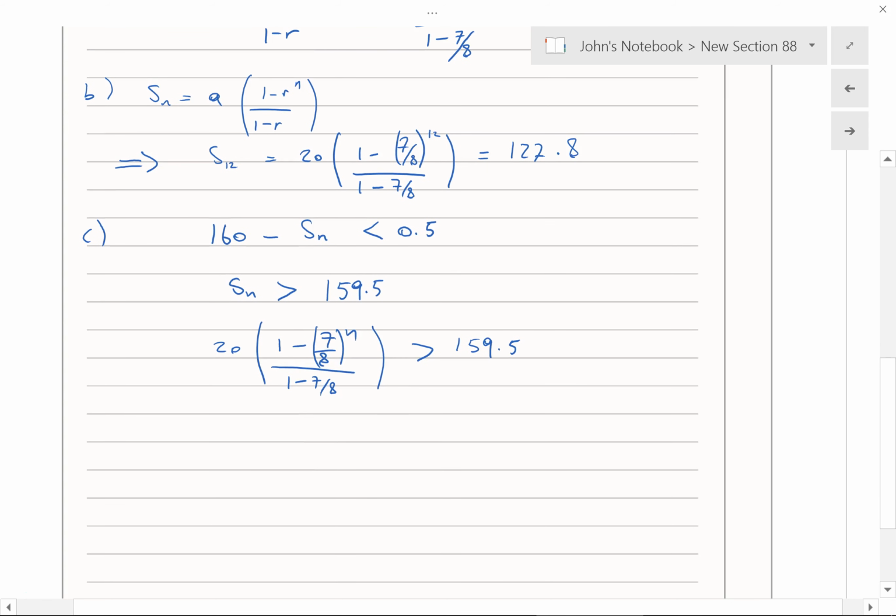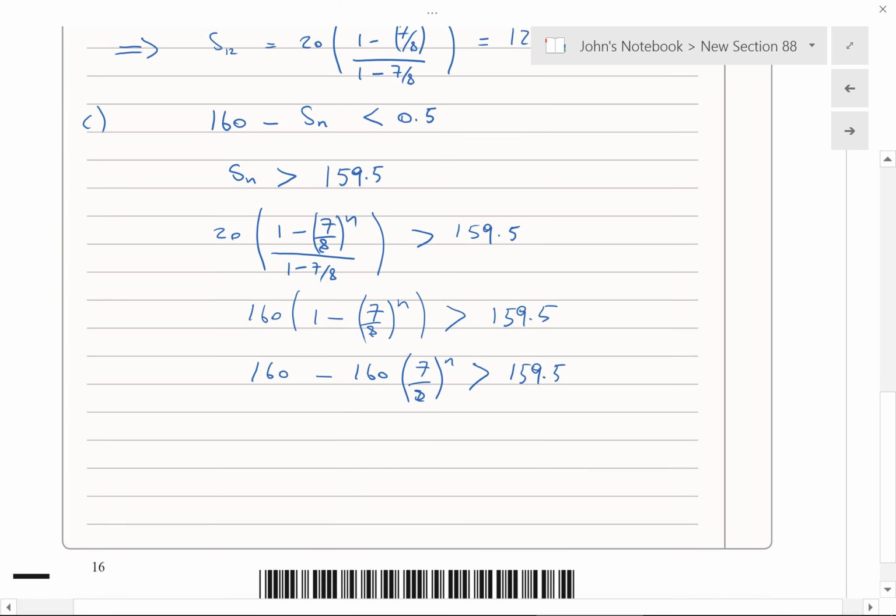Now, the bottom there is 1 over 8, so I'm going to multiply through by that, and the number 160 creeps up again: 160 times 1 minus 7 over 8 to the power of n is greater than 159.5. Multiplying out, I get 160 minus 160 times 7 over 8 to the n is greater than 159.5.